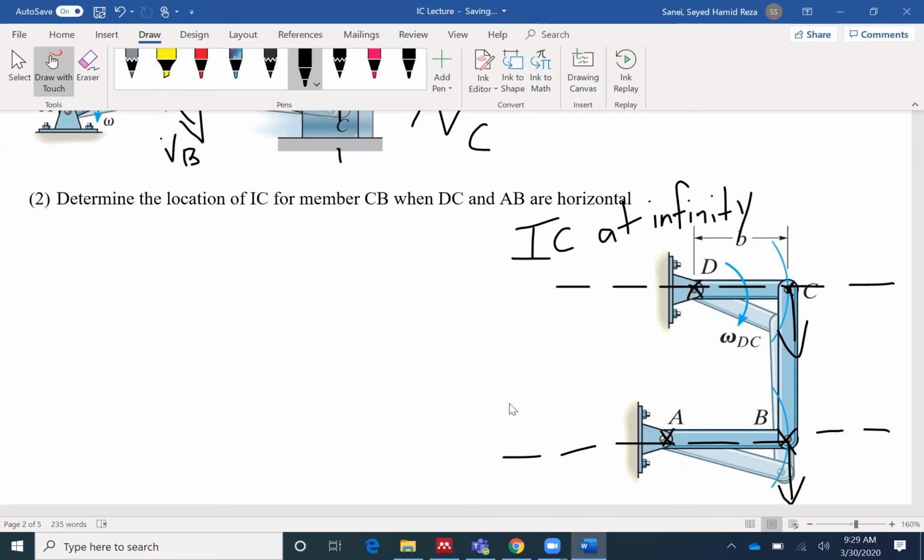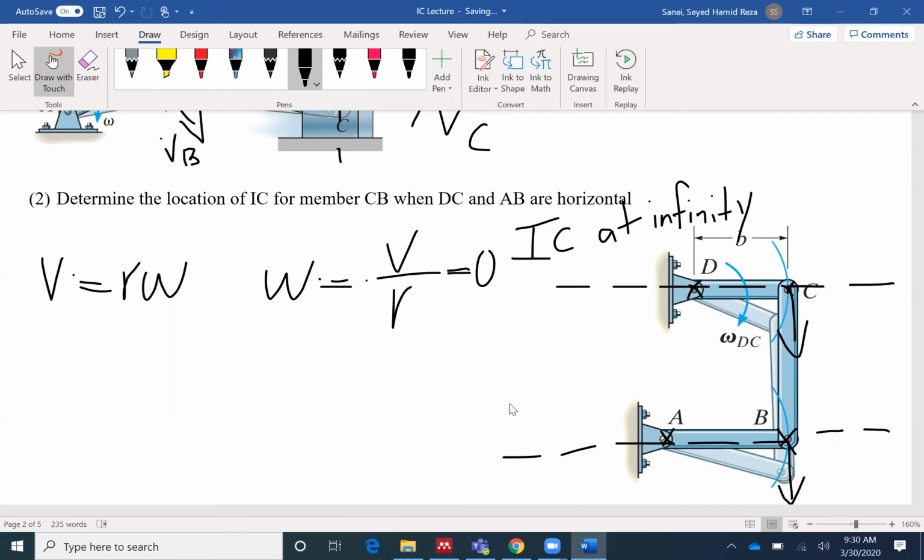So what would be the omega of this link CB? We know the velocity is R omega. If we have the velocity and you want to find omega, it would be velocity over R. So if R, the distance to IC, is at infinity, omega would be 0.